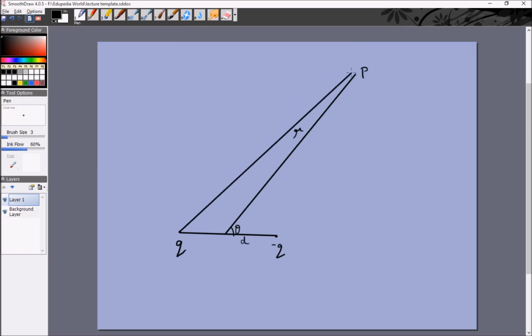So if we take this distance and this distance, let's call this r plus and this r minus.